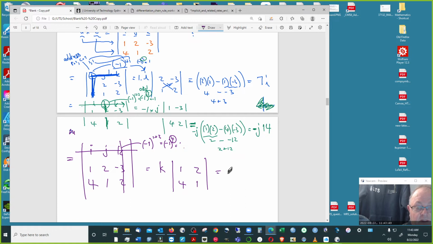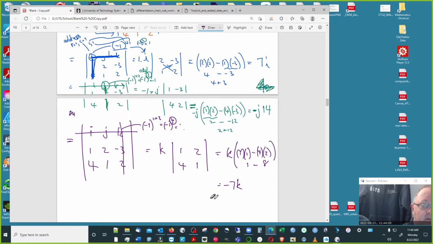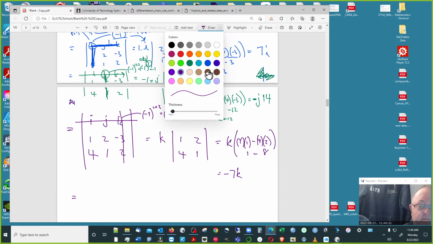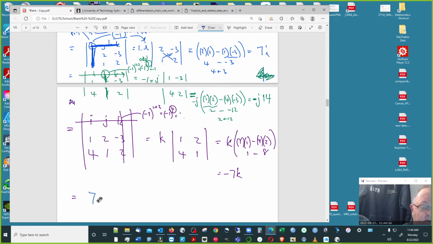Okay, so we get k outside of 1 times 1 minus, I know, you're thinking, gosh, you're a goose, you could have just done it in your head. 1 minus 8 is minus 7k. So the total matrix result is, let me go back to the blue, 7i minus 14j minus 7k.